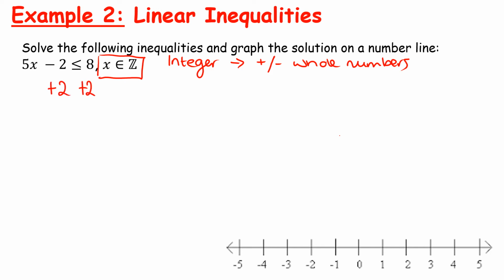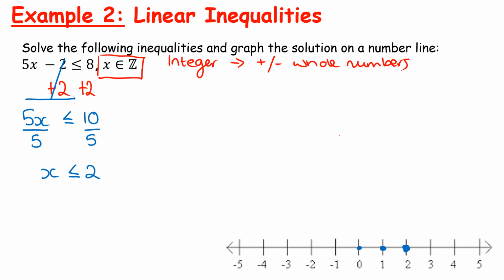So I'm going to add 2 to both sides. I have 5x is less than or equal to 10. To finish it, I'm going to divide both sides by the coefficient of x. So x is less than or equal to 2. This time it is an integer, so I'm including 2. And again, the inequality points me to the left. It's less than.